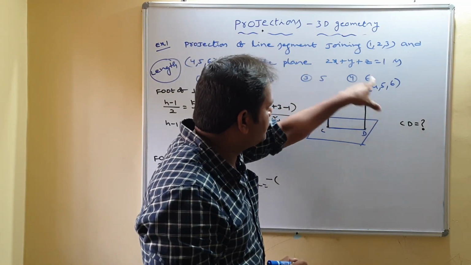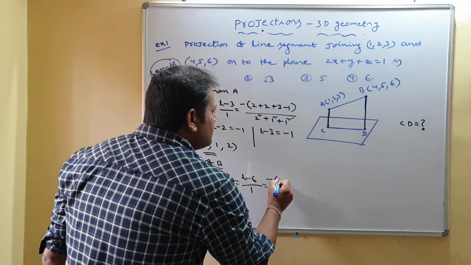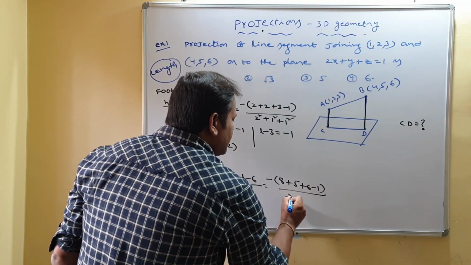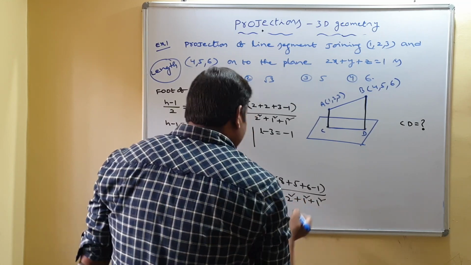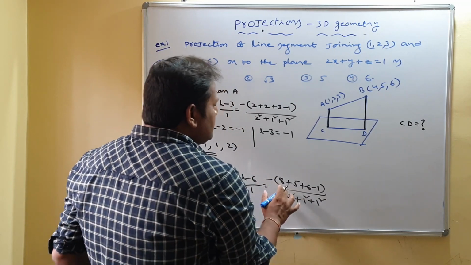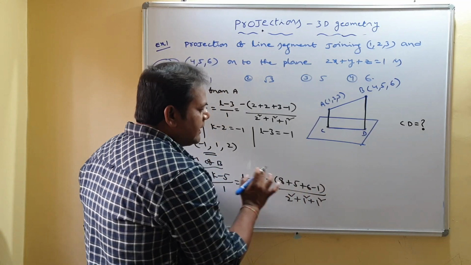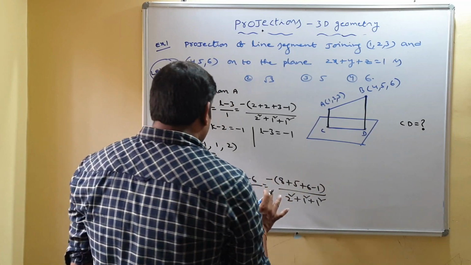Now this time you put this point in the plane. What we get: (8 plus 5 plus 6 minus 1) by (a square plus b square plus c square). 6 minus 1 is 5, so it is 10, it is 8, 18 by 6. It is totally minus 3.